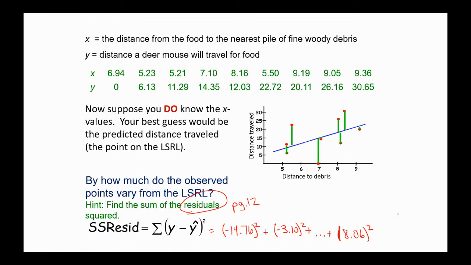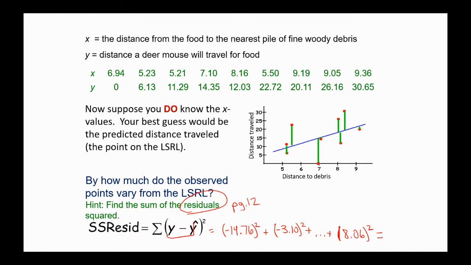If we add all of those up, all the squared residuals, that would get us... Well, this is the residual, so this is y minus y hat.